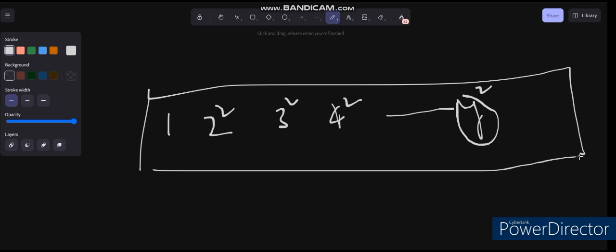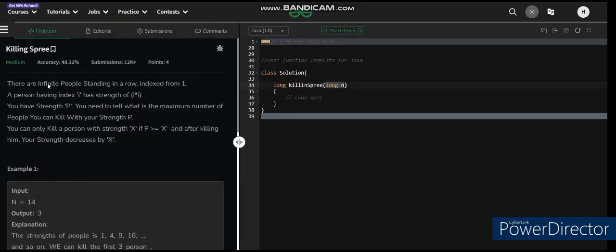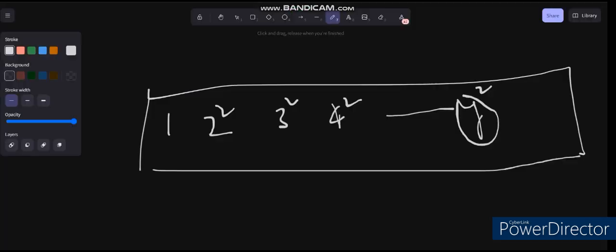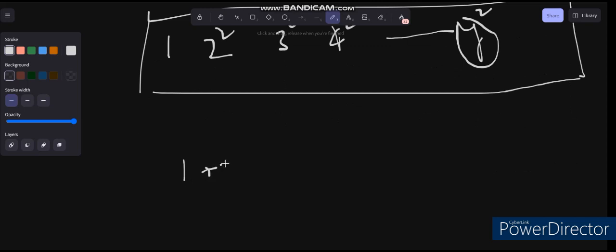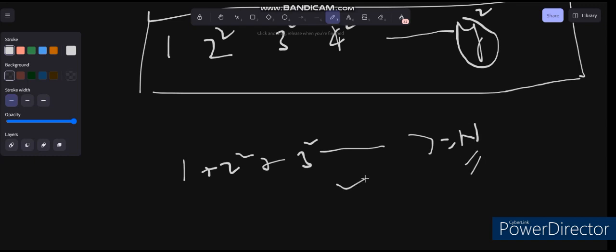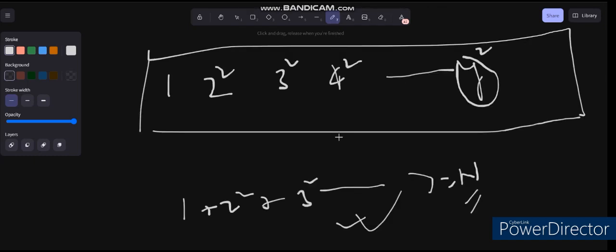And now we have to find how many people we can kill, at what point 1 plus 2 square plus 3 square becomes greater than or equal to n, right? So at what point will the energy value become zero or negative? For that we can perform binary search.